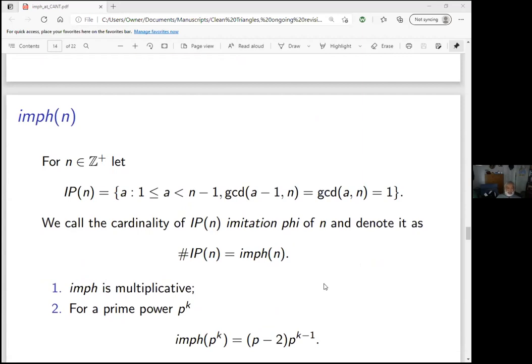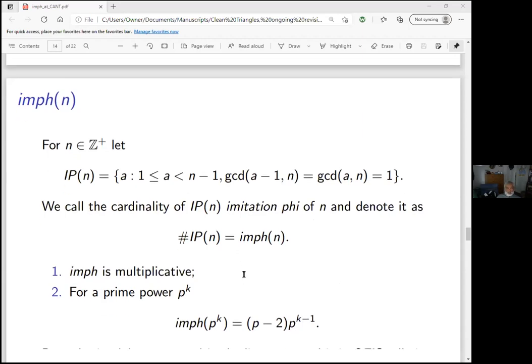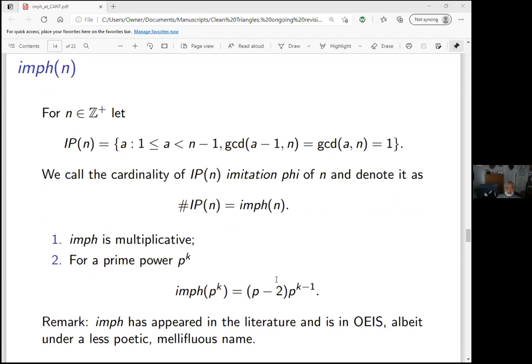It was a choice between either going with imitation phi or fake phi, and we decided to go with imitation phi, but maybe the audience would disagree with me. Anyway, imph is very much like the phi function. It's multiplicative, and you have this formula for the prime power. The only difference from the Euler-Phi function is you have a 2 instead of 1. And this function has actually appeared in a paper in graph theory that we located, and it is in the OEIS.